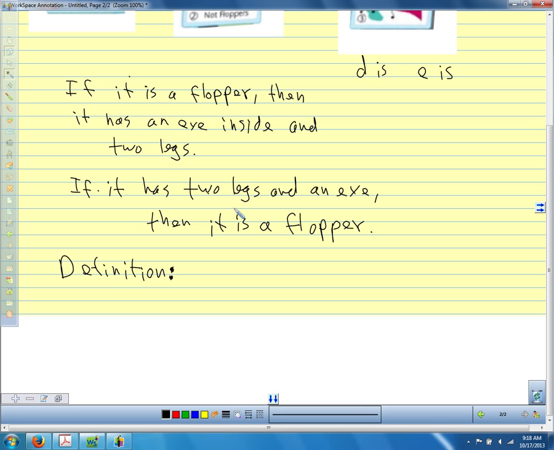So how am I going to write my biconditional from these two conditional statements? Who can help me out? What do you think, Faith? Okay. Usually you put the if and only if in the middle. So how would we put it in the middle? I'll start you out.